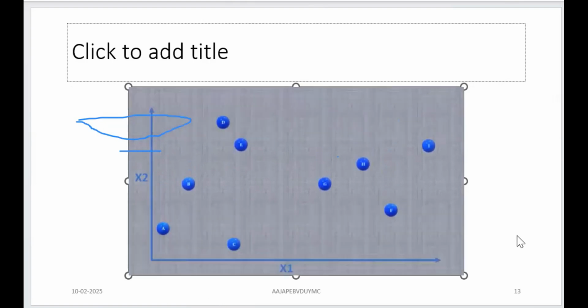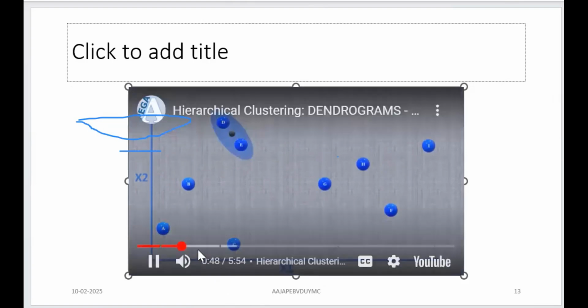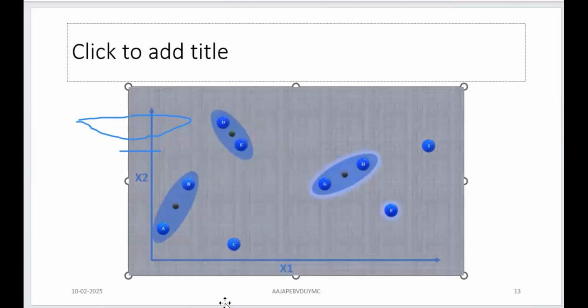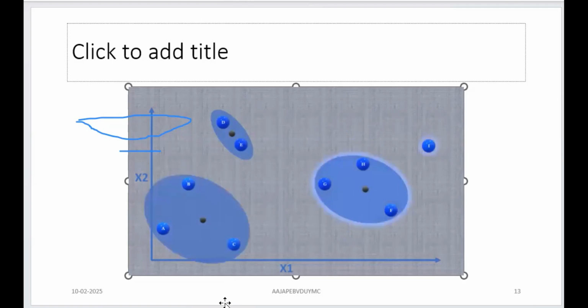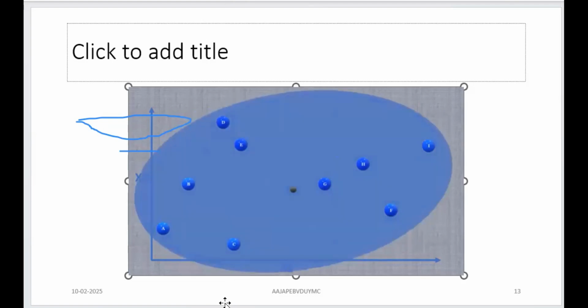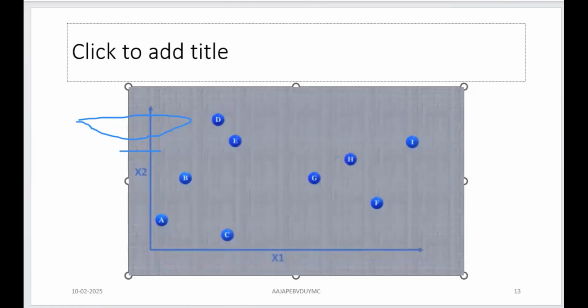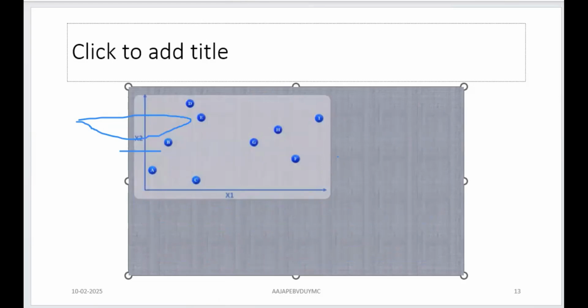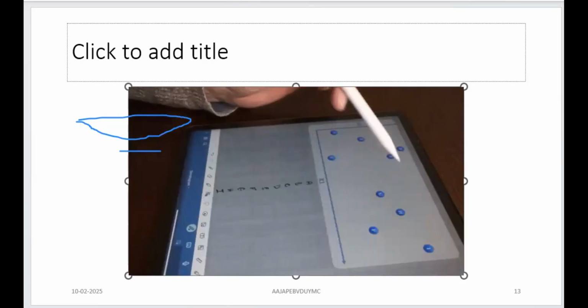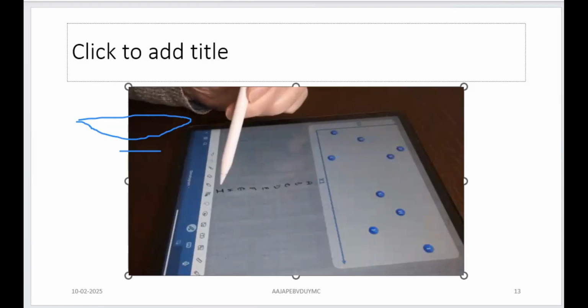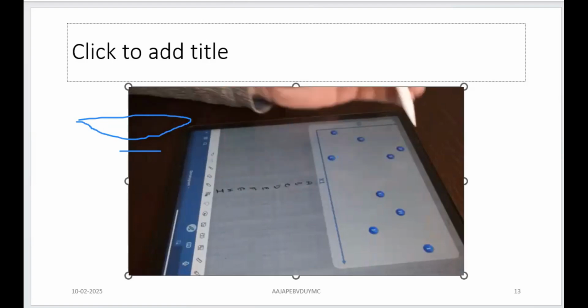A, B, C, D, E, F, G, H, like that you have. Just observe how they are putting them together and how the lines are drawn.